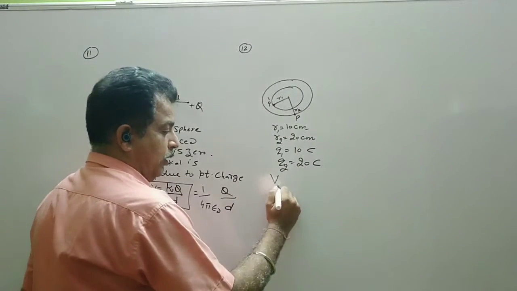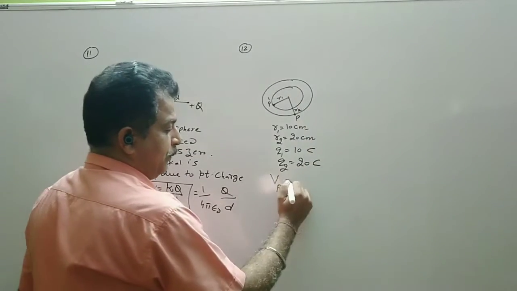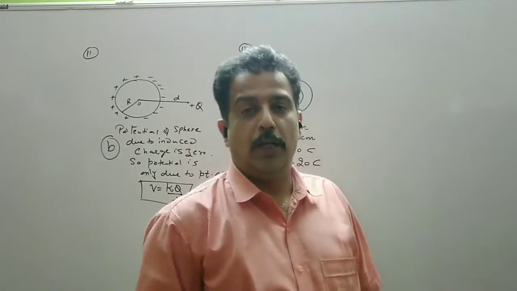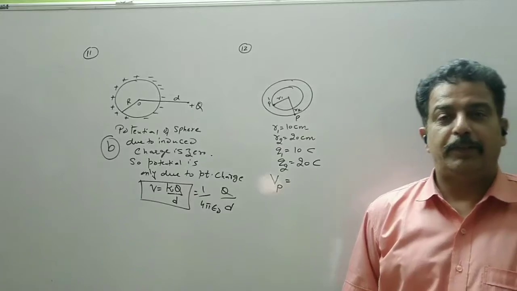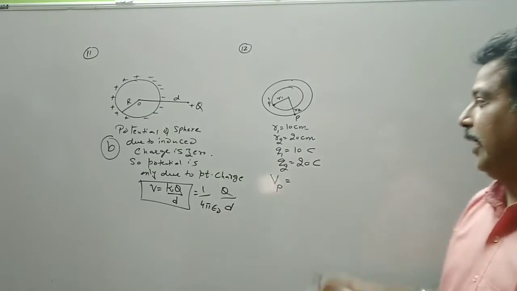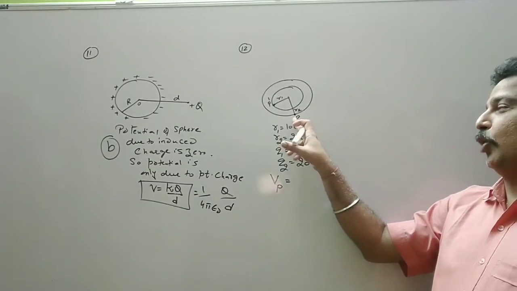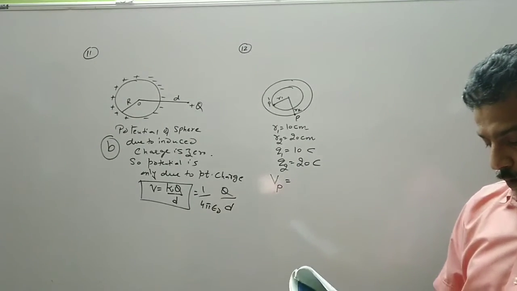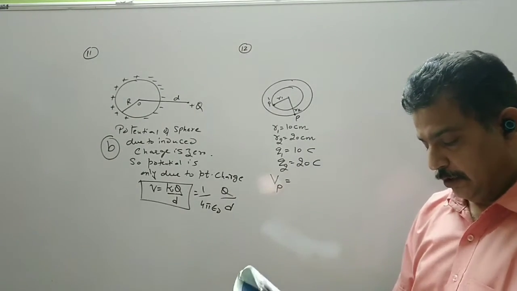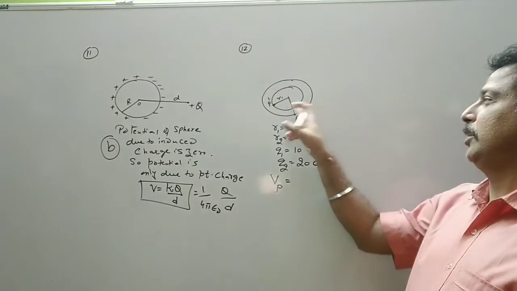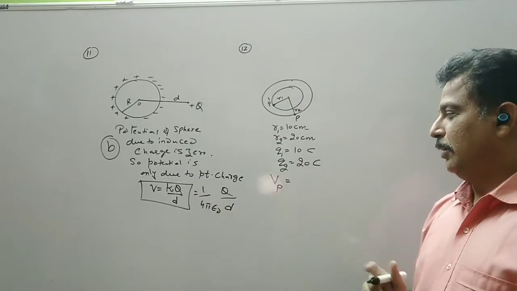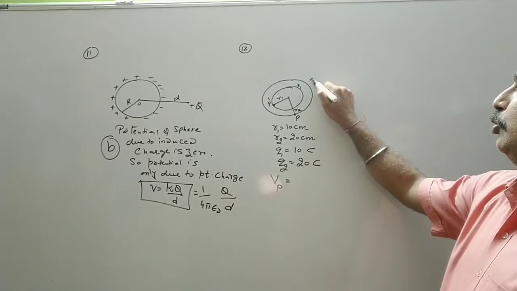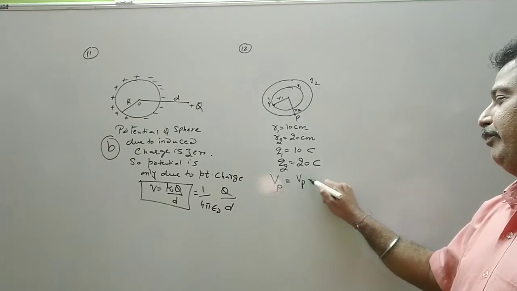Potential at point P, as we learned in the previous lecture: the spheres are uniformly charged, so you have to do work against both the spheres. Because there are two sources, here we have charges Q1 and Q2, so you write this as Vp plus Vp.